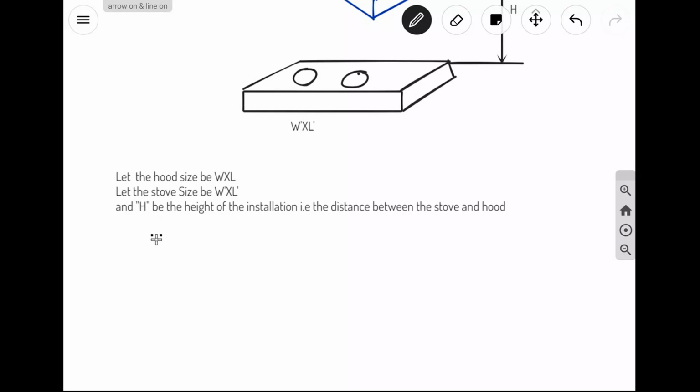So therefore, W equals width dash plus 0.8 into H. L equals L dash plus 0.8 into H. Sorry, it's not into, it's plus.